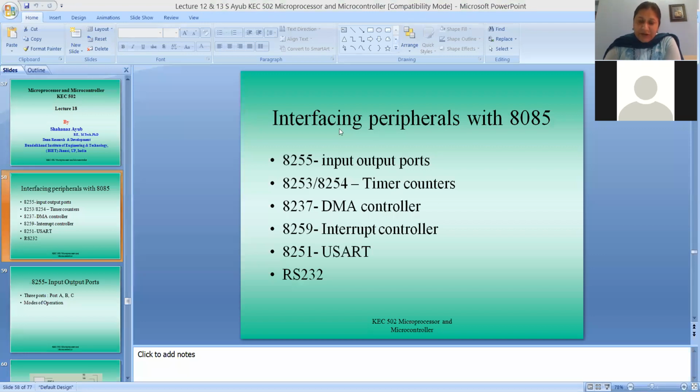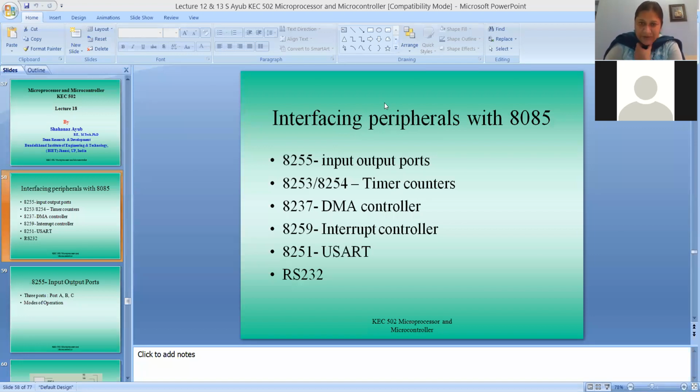So we were seeing which peripherals we are interfacing with 8085. These are ICs labeled as 8255. Pawan is saying that it is not visible.